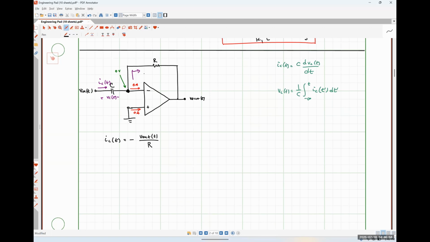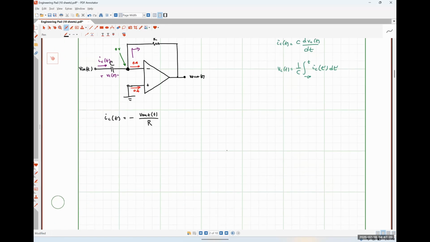So when we write these expressions for current, we're using the same rules as we did when we were performing nodal analysis. So it's the node the current starts from, which is 0, minus the node it's flowing to, which is V out, divided by R.